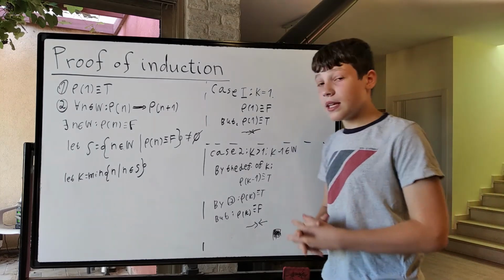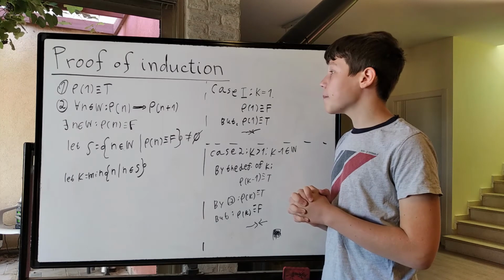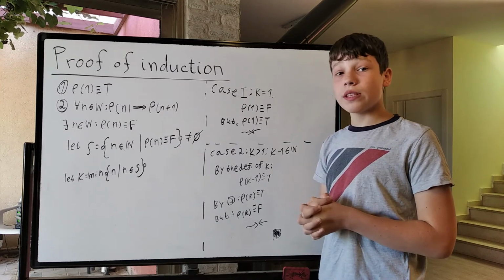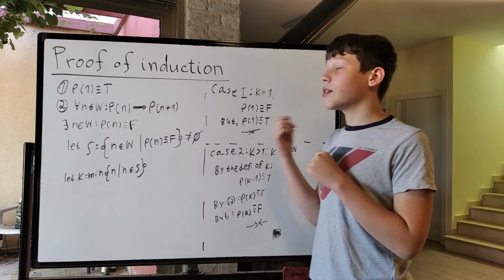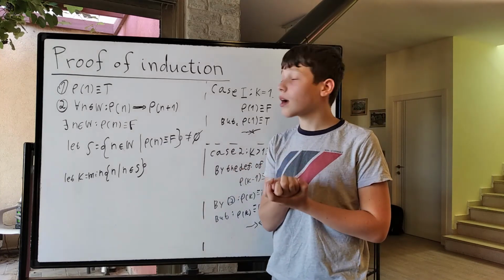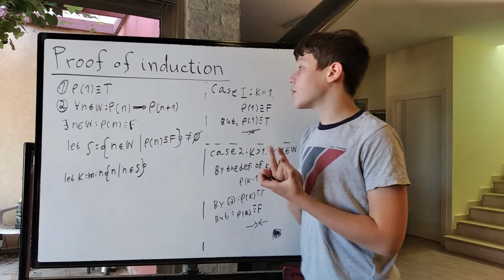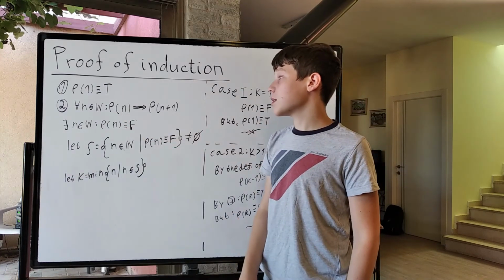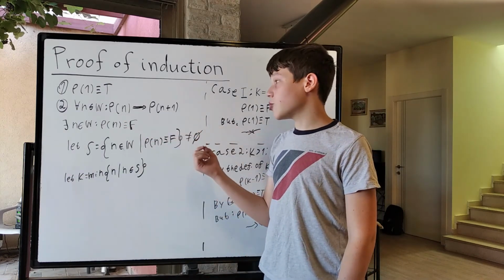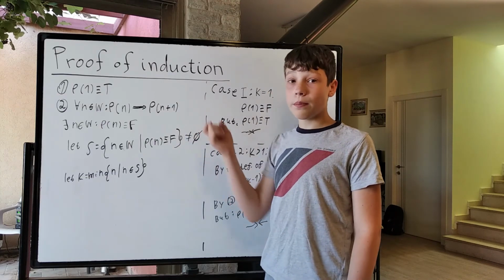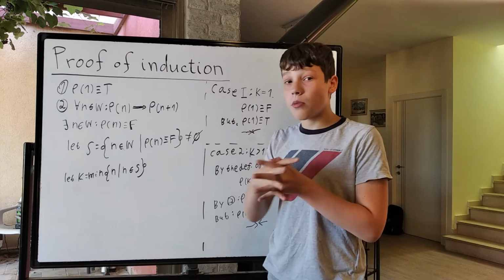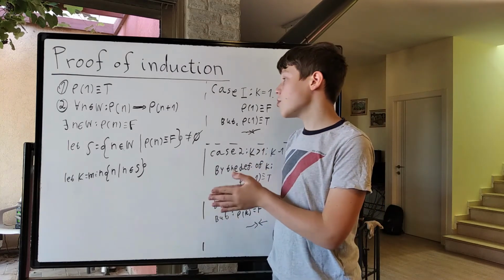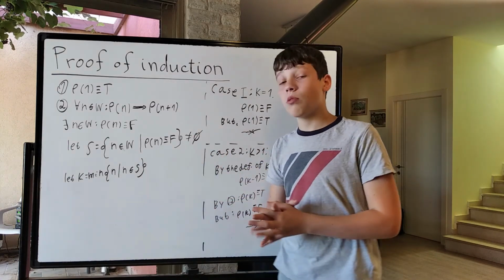And just as another exercise, try to prove the same thing, but instead of regular induction, use something called strong induction. Instead of just assuming P of n is true and then showing that P of n plus 1 is true, you instead assume that P of all the numbers from 1 to n are true, and you show that P of n plus 1 is true.